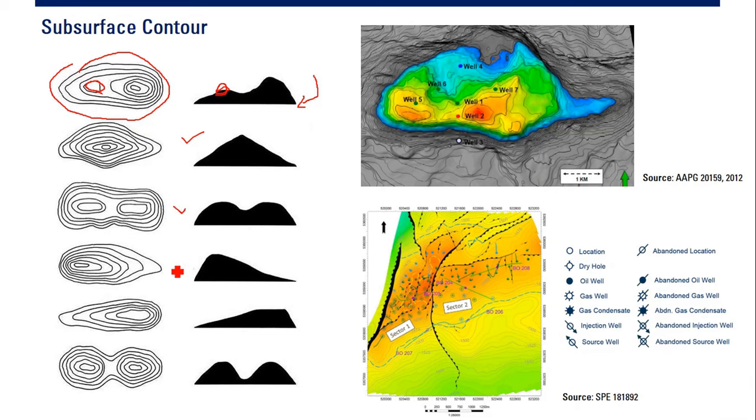Okay? Jadi lingkaran-lingkaran yang kecil, bulatan-bulatan yang kecil, itu berarti dia berada di lebih puncak. Tapi area yang lebih besar, itu berarti dia ada di daerah yang lebih below. Okay, that's the contouring technique to create a map.